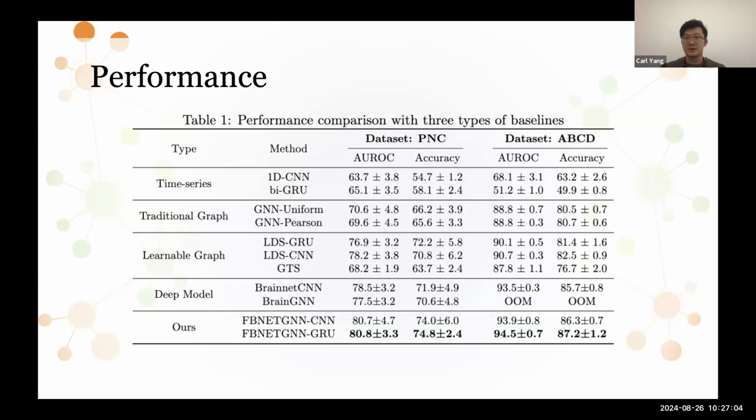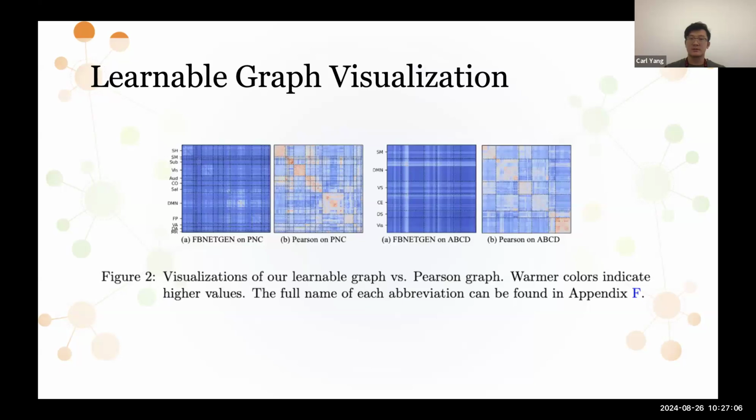So we reach better performance, and we also showcase some potential insights we get from this model. Pearson correlation is the traditional way to construct the graph, and we can get graphs like this, right?